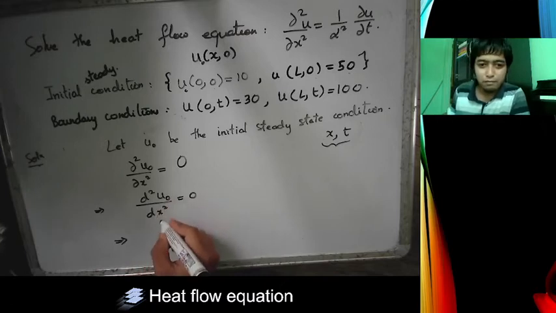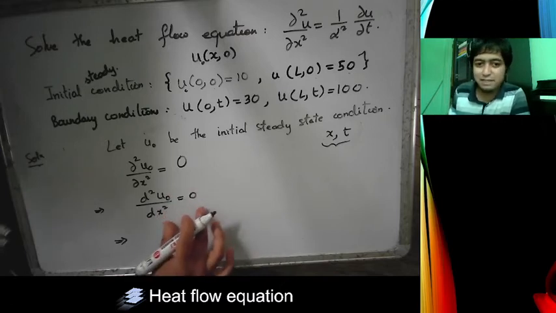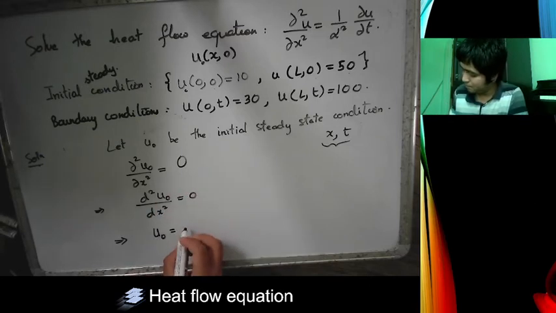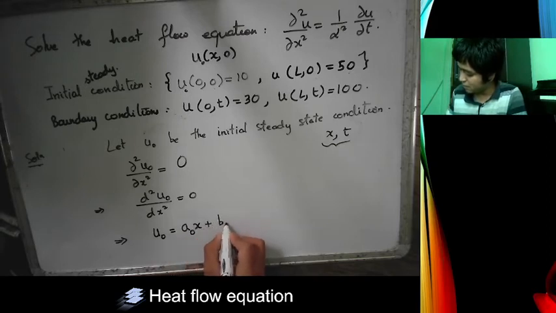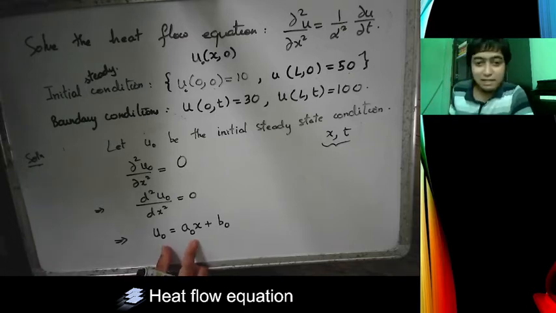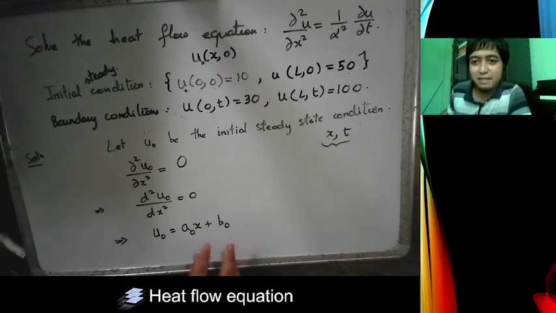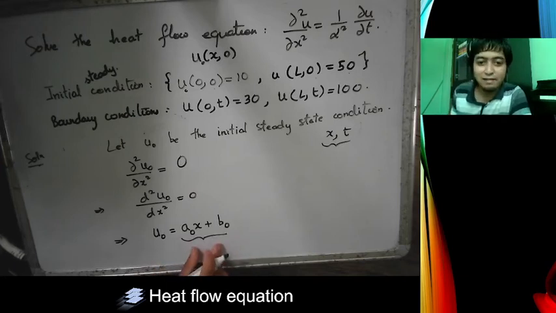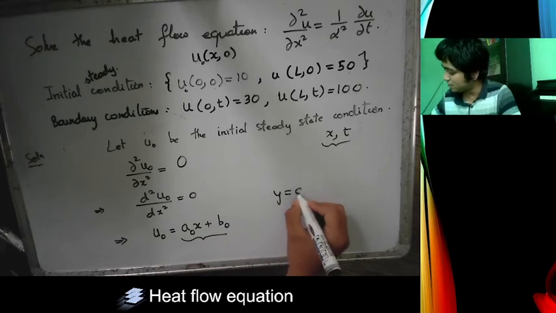If you solve this differential equation, you will see that u0 will be of the form a0x plus b0, which we can easily tell is linear. It is an equation of a line, y equal ax plus b.